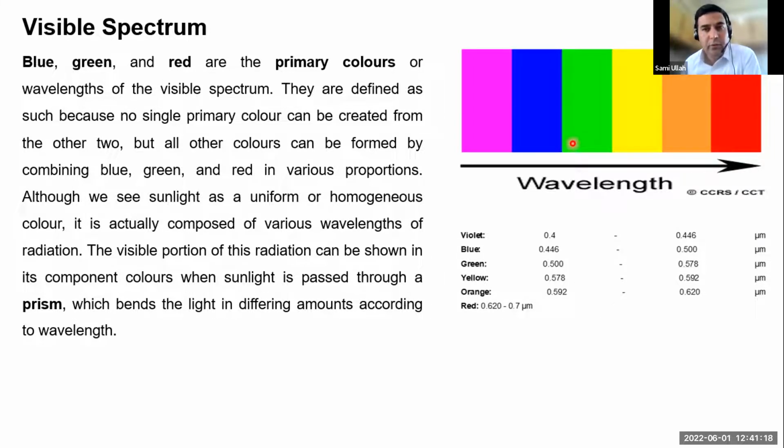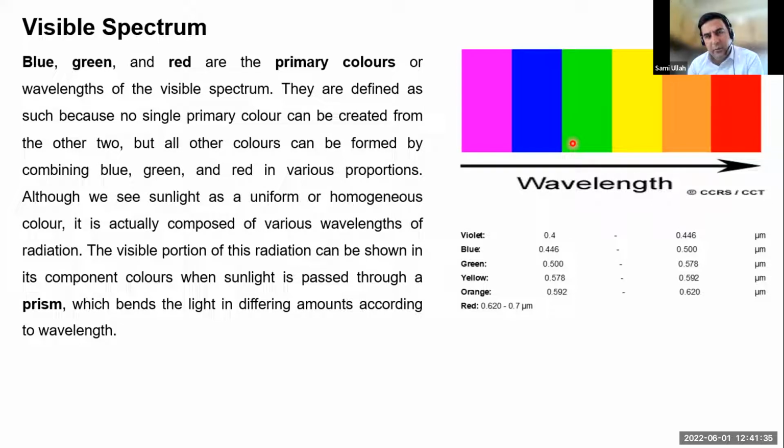You need to know about this because satellite images, when we download them, are in the form of different bands. A specific band represents a specific wavelength of a color.